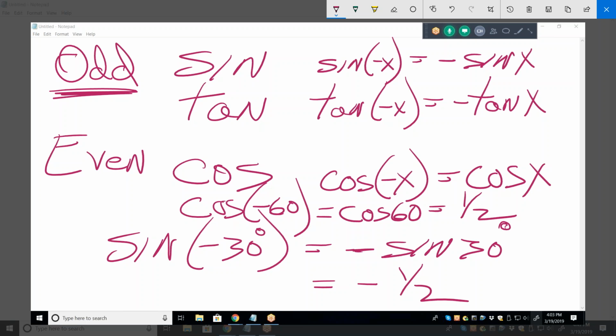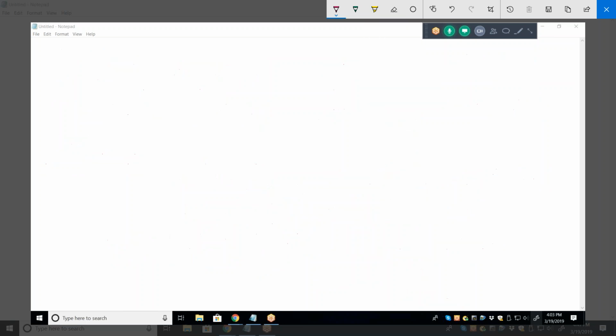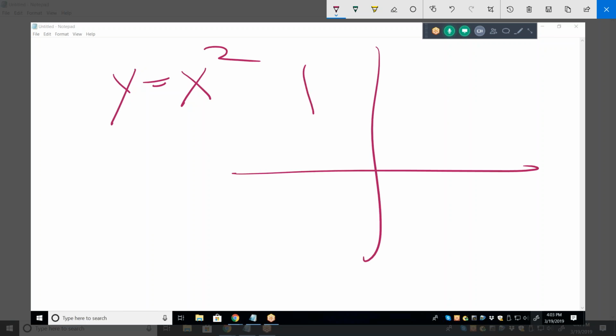But these properties are very important. Odd, even. And a good way to remember odd, even functions is really with this one. Because you can tell that that is symmetrical about the y-axis, right? That makes it even.